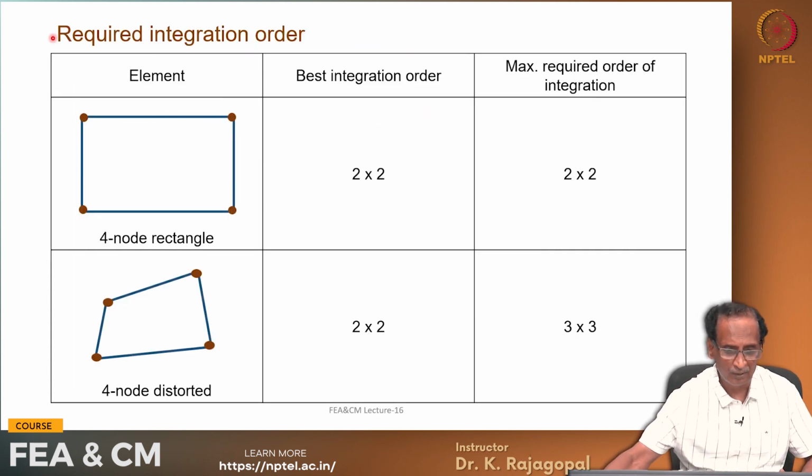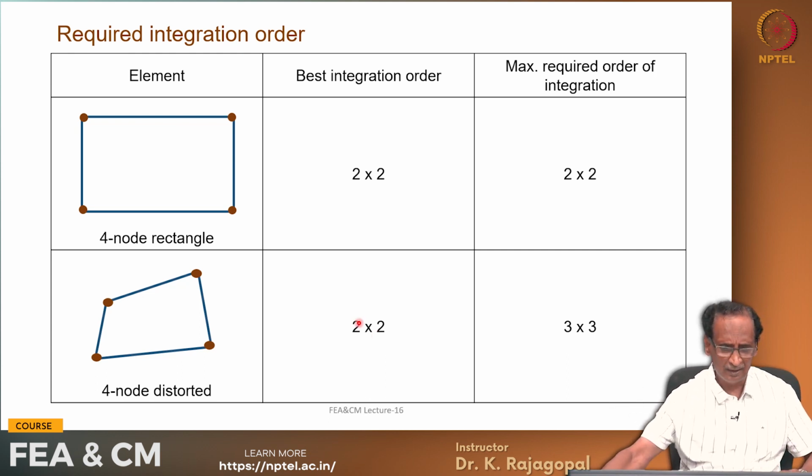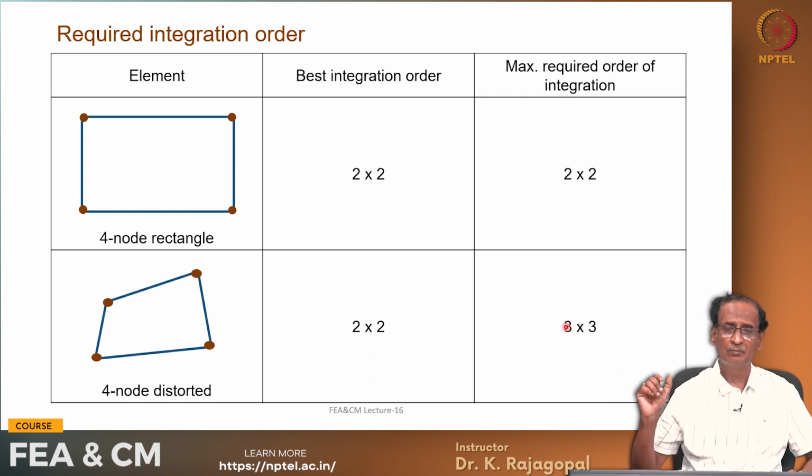And if you have a 4-node rectangle, the best order of integration is 2 by 2, and the maximum required order is 2 by 2, like we don't need more than that. And if it is a 4-node distorted element, the best order is 2 by 2 and the maximum order is 3 by 3.